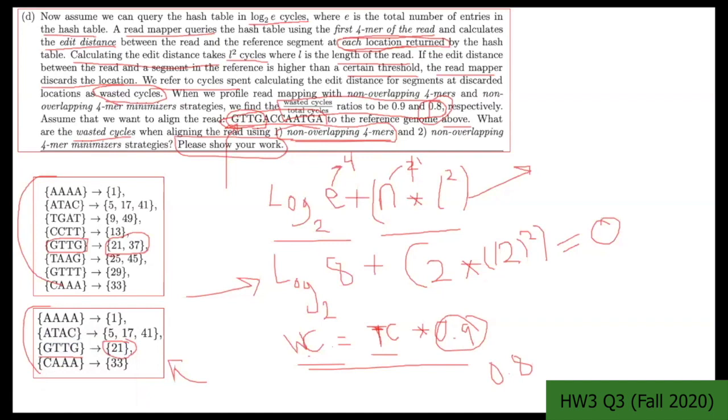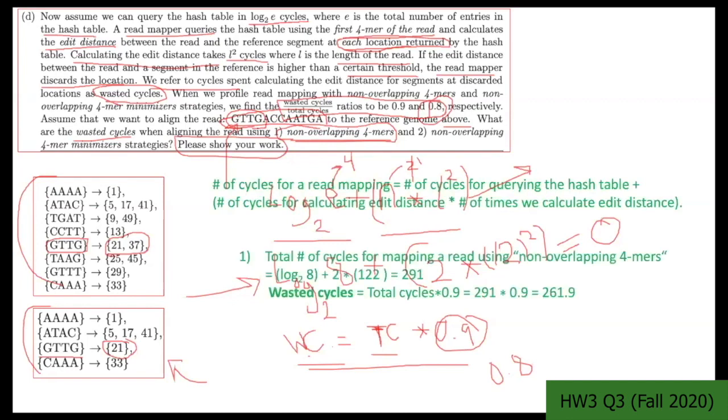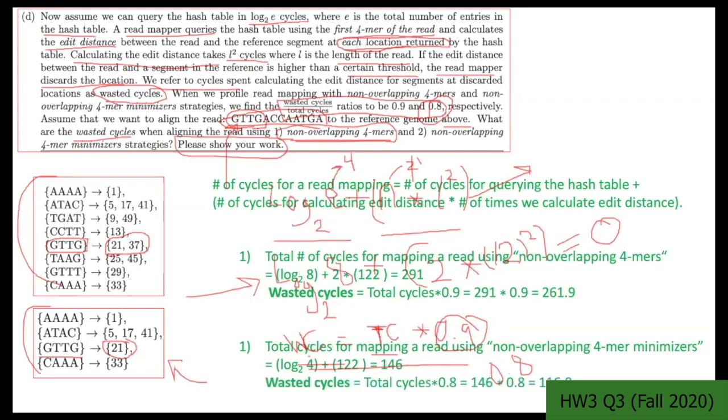Now let's see the answer maybe. So this is the answer for the first part, where the wasted number of cycles is 261.9. And for the second method, it is 116.8. Now you can see that using the minimizer method, we have fewer wasted cycles.